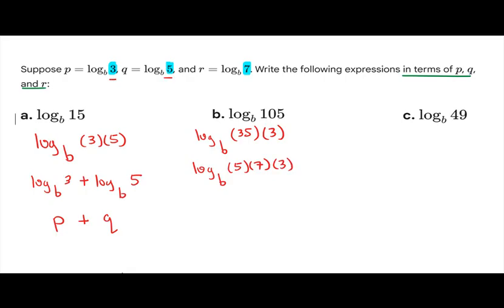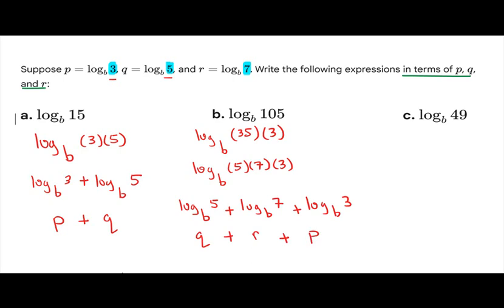So this would give me 105. Now I need to expand it out. This gives me log base b of 5 plus log base b of 7 plus log base b of 3. And then we substitute: log base b of 5 is q, plus log base b of 7, that's r, plus log base b of 3, that's p.